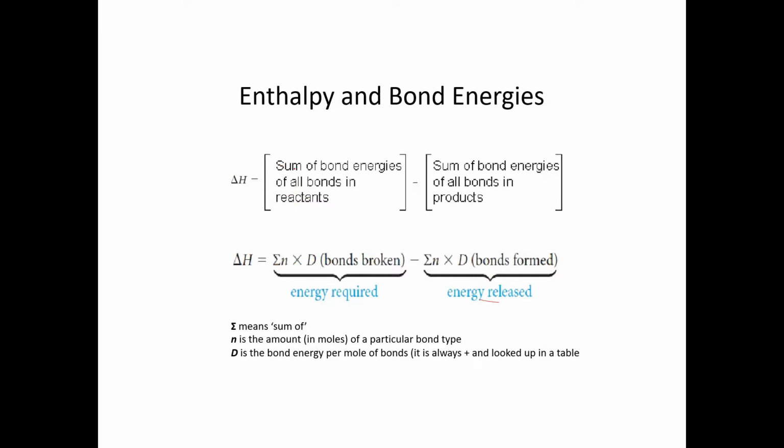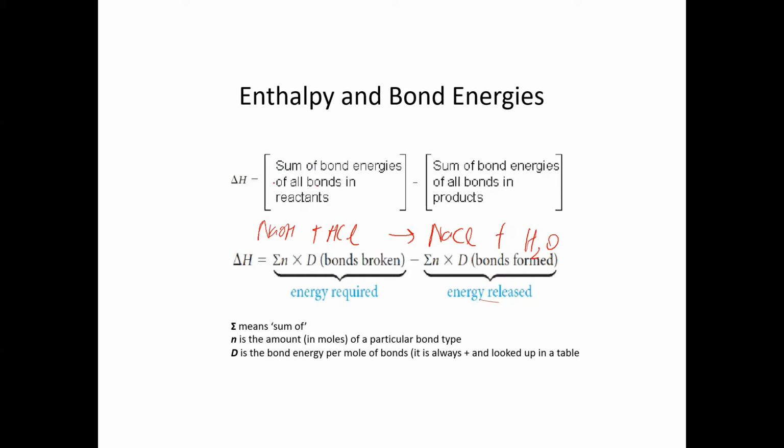All right, so firstly, we'll see here delta H equals the sum of bond energies of all bonds in reactants, meaning the reactants, let's say NaOH plus HCl. This is neutralization, so it gives NaCl plus H2O, basic, simple.